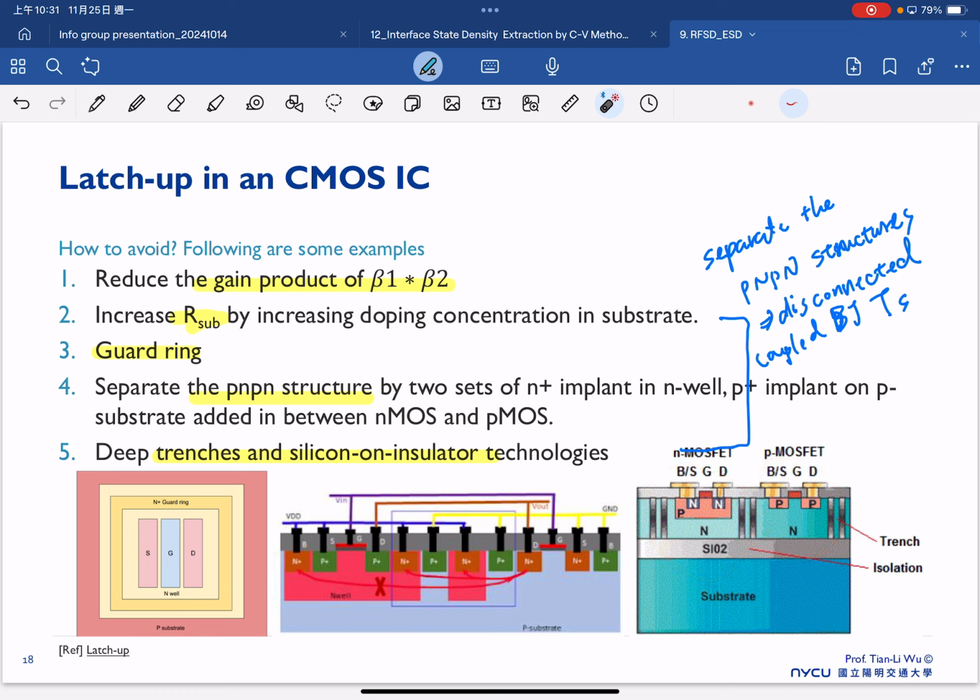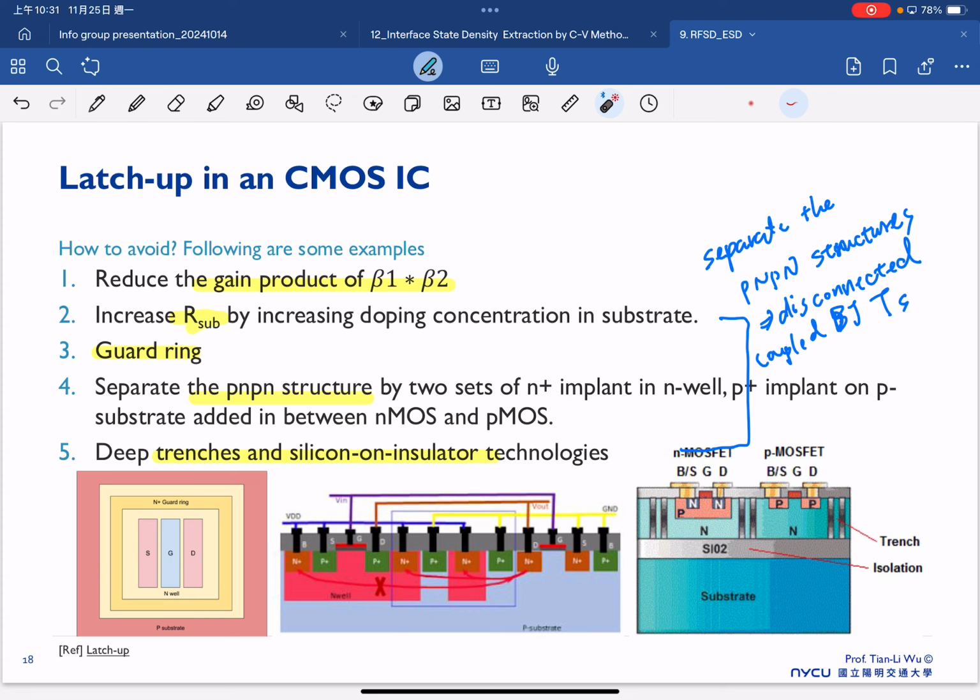And the other two, we won't talk about in great detail, but just for your understanding: anyhow, if we can separate the PNP, with an additional N plus implant and P plus implant, or we do a guard ring, or we increase the substrate resistance. The SOI is another example of increasing the substrate resistance, because the SOI is completely insulated, so you won't have current flow.